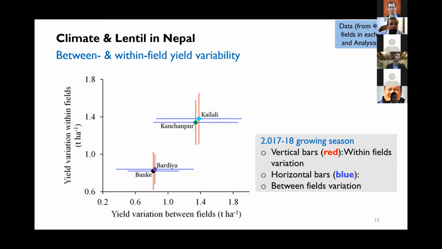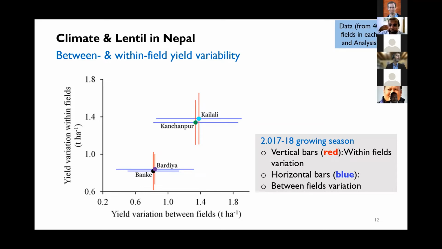Now, climate, coupled with the edaphic environment, influences district to district productivity of lentils. Look at the horizontal lines. This is the yield variation measured from farmers' fields for the two seasons in those districts. You can see a wide variation of ranges. Two things to be pointed out here.